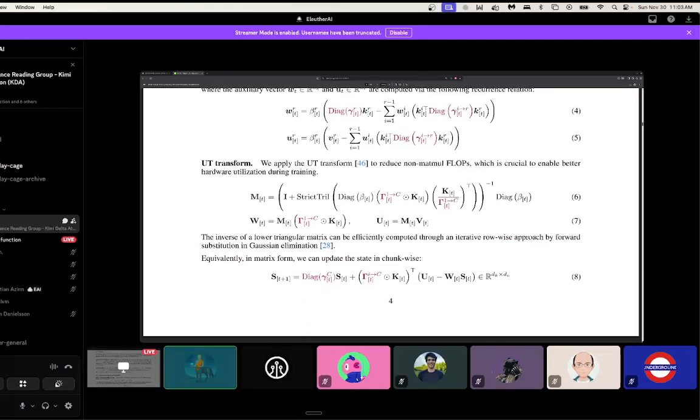So just to go through this in a little more detail, remember the rth row of this is going to be the per channel decays up to time step r. And then we're doing element-wise multiplication of that with our stacked keys here.